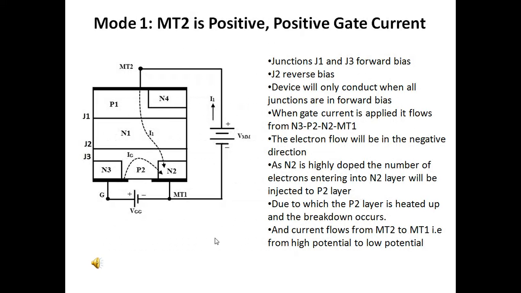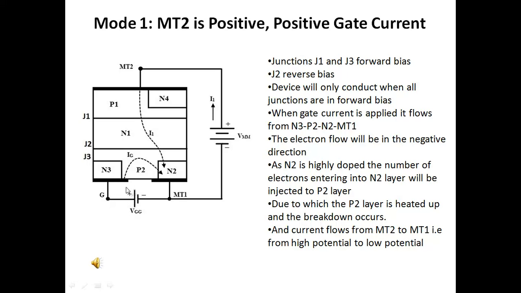The first mode of operation is when MT2 is positive and there is positive gate current. By looking at this diagram of Triac, you can observe that MT1 is connected to the negative terminal, MT2 terminal is connected to the positive, and the gate terminal is also connected to the positive.